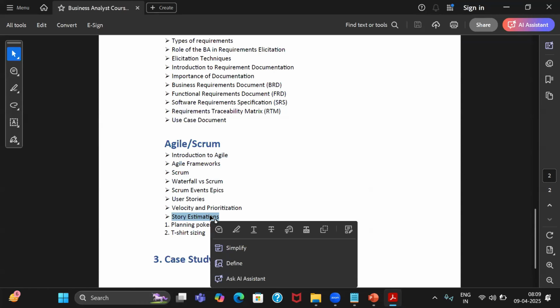We will also be connecting the dots so that you know what exactly is needed from a BA. At the same time, I'll be giving you insights from my experience. We'll not make it a completely theoretical session where this is the definition and this is the scenario.